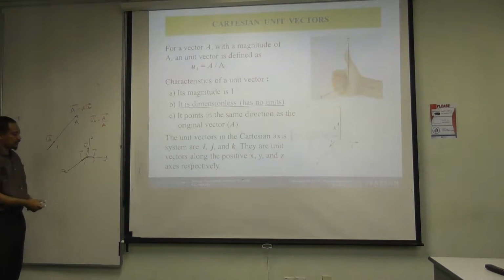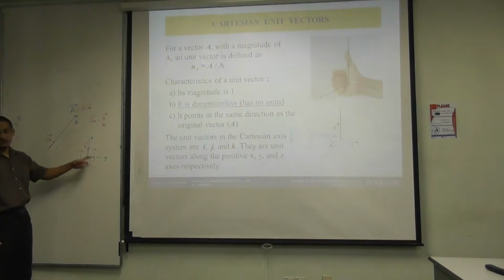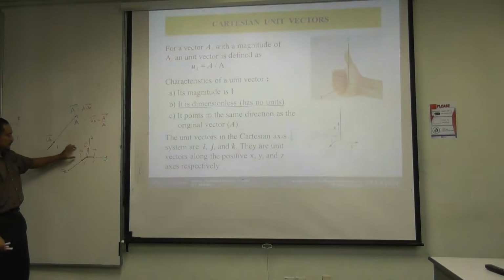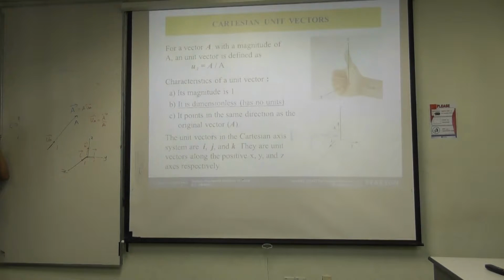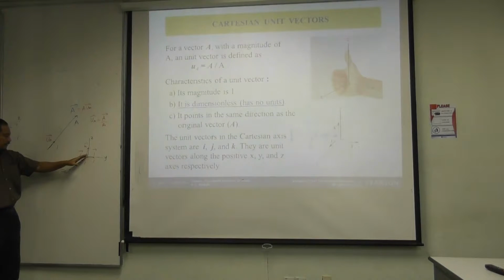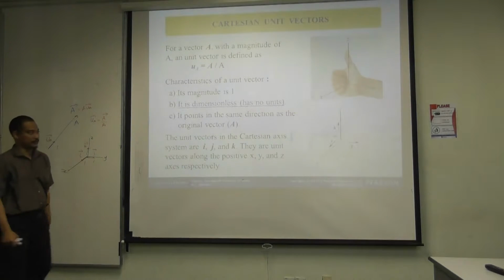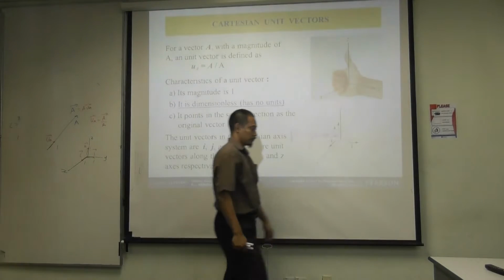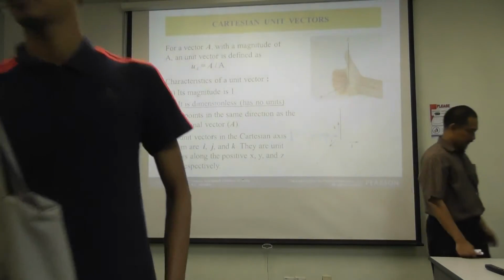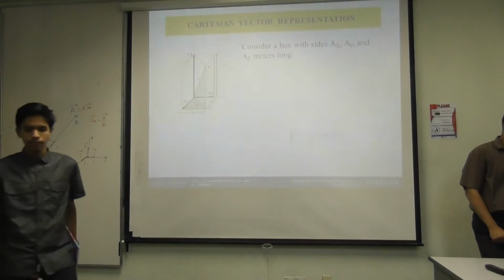That's 3j, etc. We have already used this without realizing normally. But this is the unit vector for the x axis, y axis, and z axis. So sometimes if you know a vector lies on one specific axis, you do not need to calculate the unit vector. You know already it's i, for example, from understanding. So that's about unit vector.